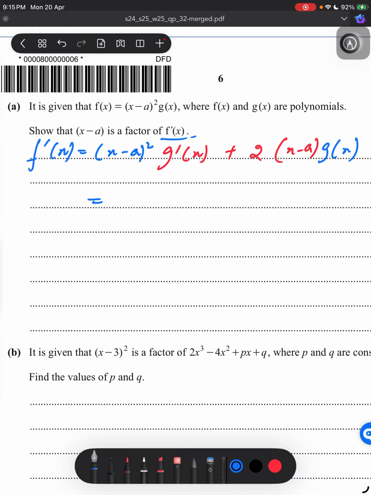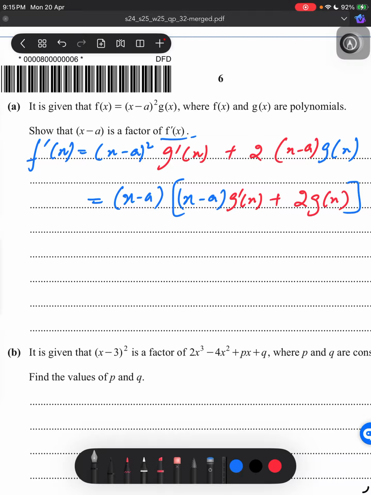So the factor can be taken out because as it's given it is a factor, so we can take the common x minus a in this, and the other will be remaining as g of x.